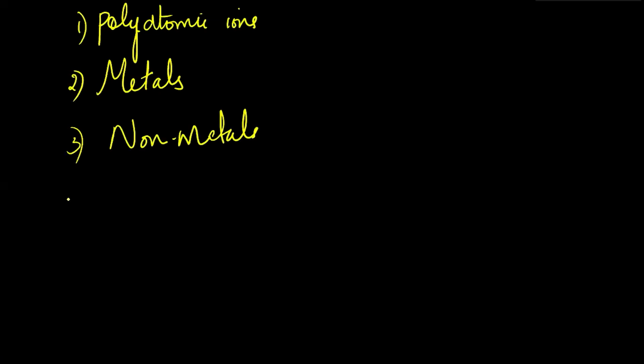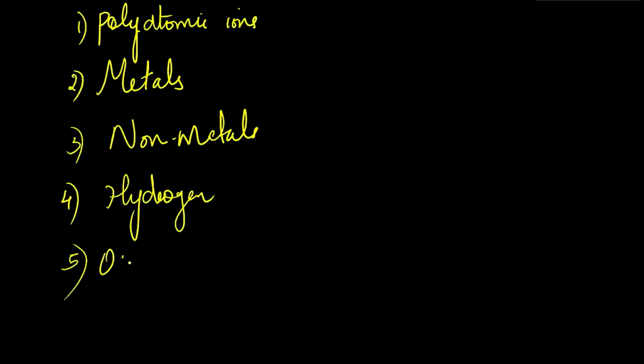Then comes hydrogen, and lastly, you try only oxygen. So this is a stepwise process you have to try. If you see any polyatomic ions, just balance that first. Then take metals, then any non-metal if present, after that hydrogen, and only last take oxygen, okay?